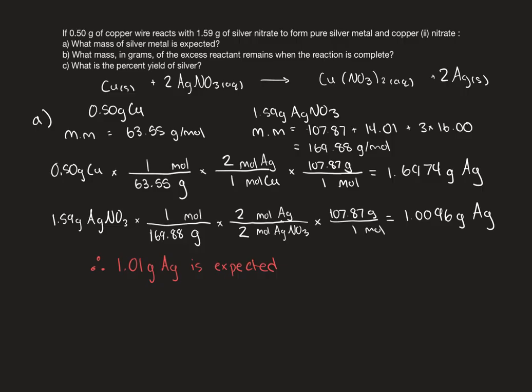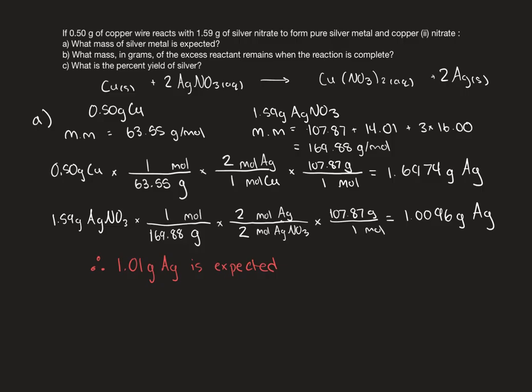Now, our next question is asking what mass in grams of the excess reactant remains when the reaction is complete. So we determined that copper is the excess reactant, silver nitrate is a limiting reactant. So for B, we're trying to determine how much copper is left over after all 1.59 grams of silver nitrate reacts completely with copper.